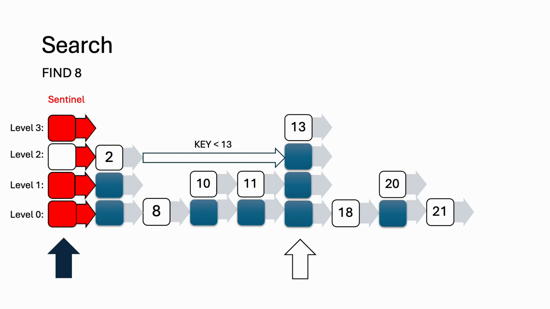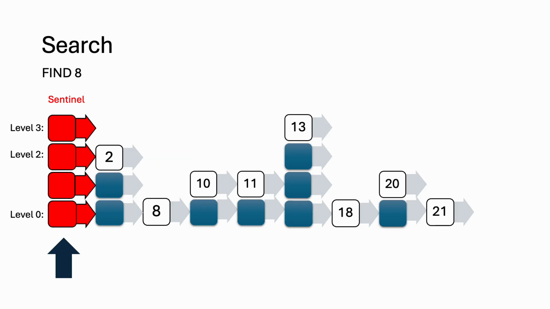Now, 8 is less than 13, so we cannot move forward. So we drop down to level 1. At level 1, the next node from 2 is 10, and 8 is less than 10, so we cannot move forward. So we drop down to level 0.